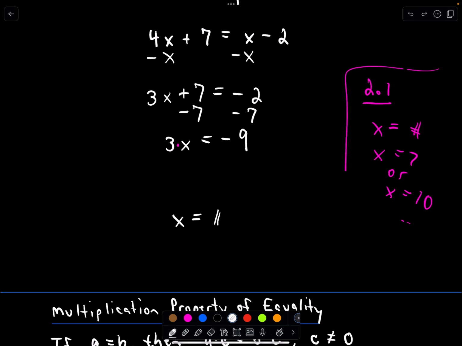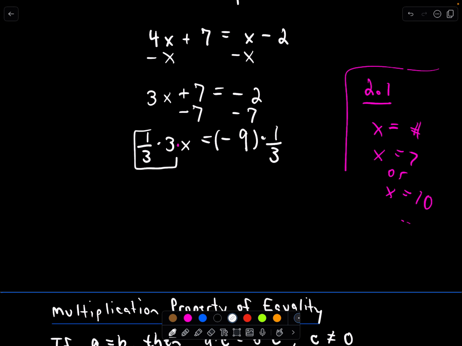So what do we do in between? Well, since x is being multiplied by 3, what I can do is divide both sides by 3. Dividing both sides by 3 is the same thing as multiplying both sides by 1/3. So what I'm doing is multiplying both sides of my equation by a constant.